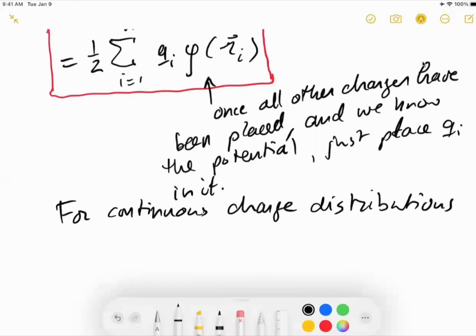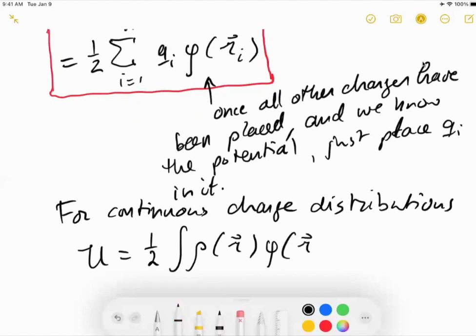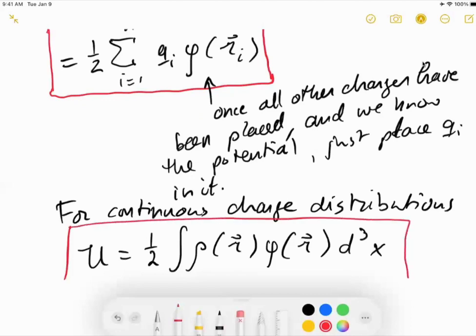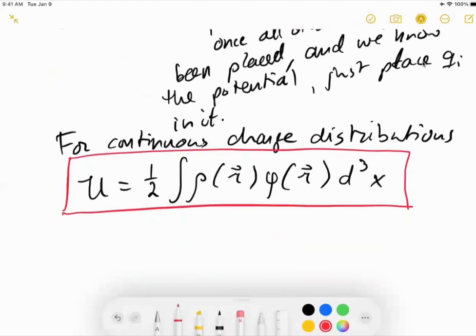That becomes 1/2 rho, which is a function of position, times phi, which is also a function of position, integrated over entire space. And in shorthand, this is how sometimes you find it in the book: 1/2 rho phi.